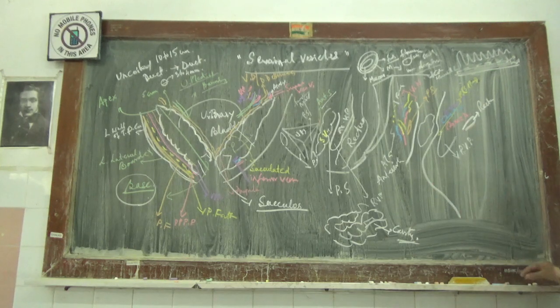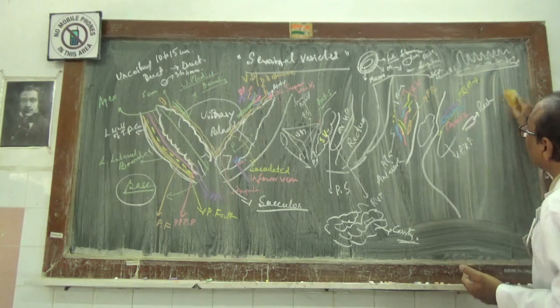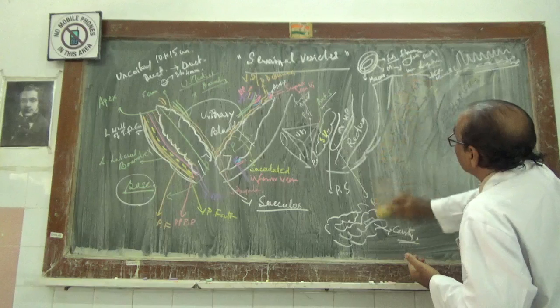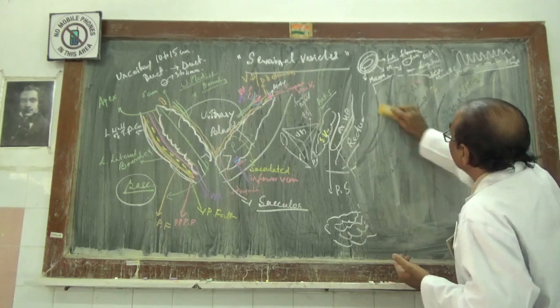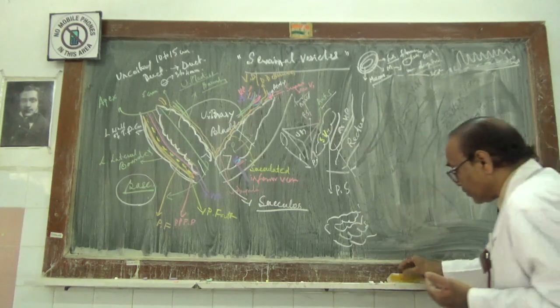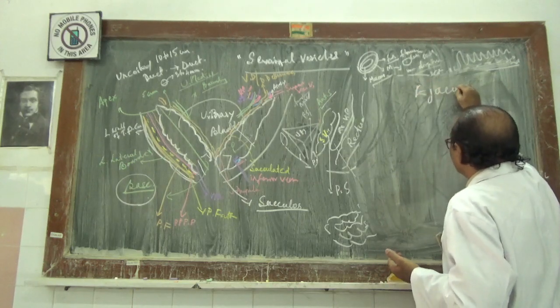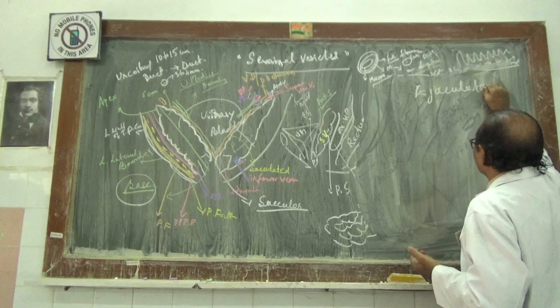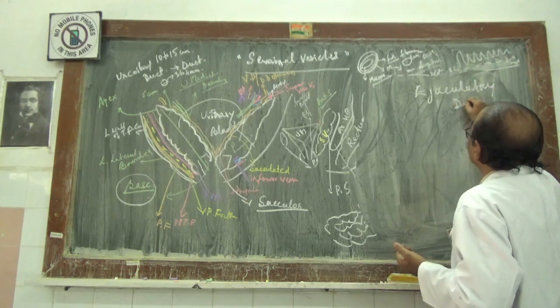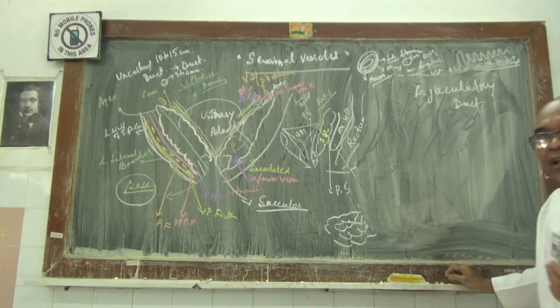After this, you have to go to one small topic which should be there in connection with this. Now that is what is said to be the ejaculatory duct. What is this ejaculatory duct?